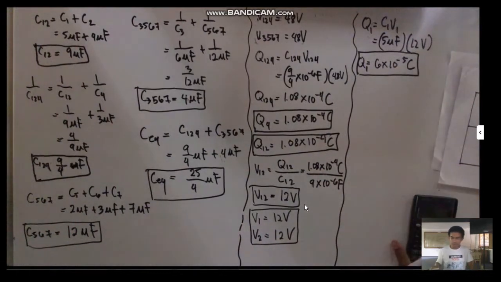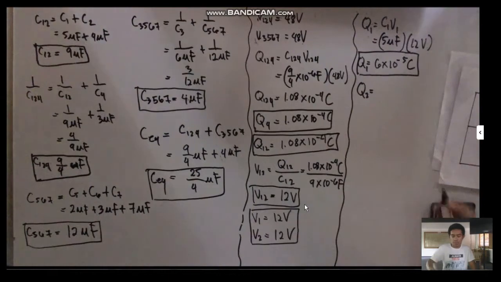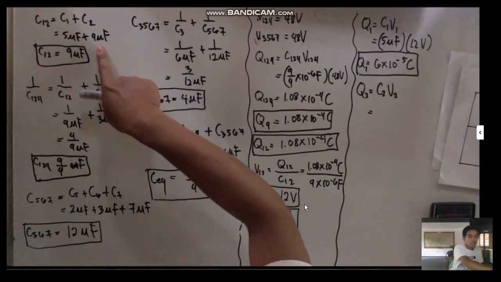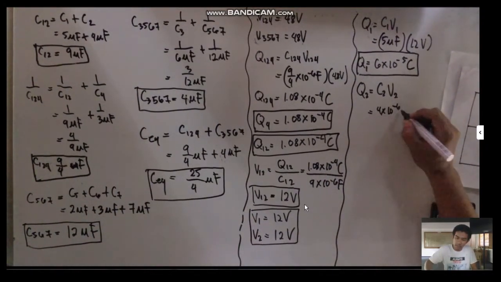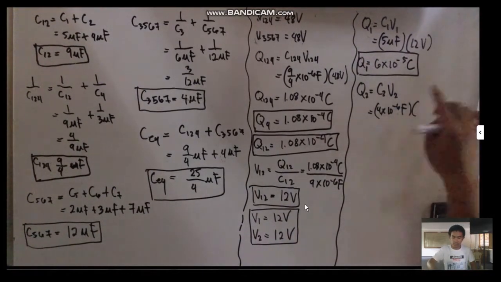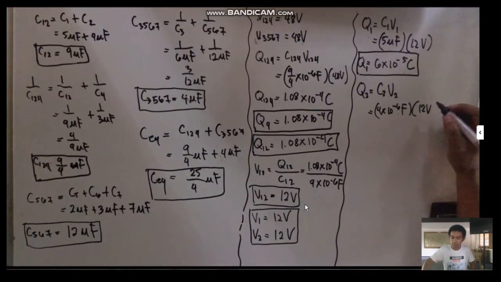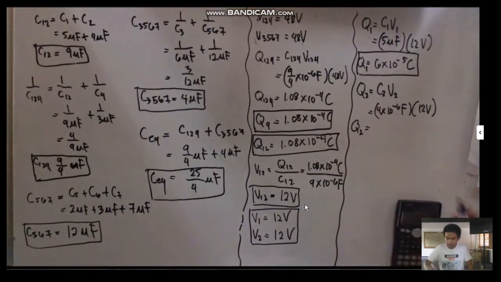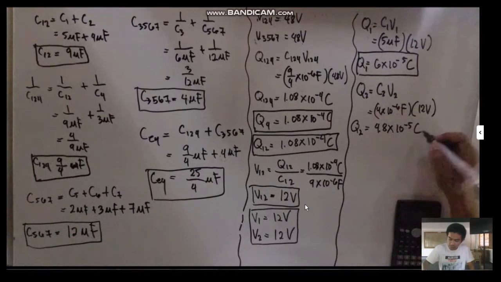Right. How about Q2? Q2 is C2 times V2. Do you have C2? Yes, that's 4 microfarad. So 4 times 10 to negative 6 farad multiplied by V2, which is 12 volts. Then Q2 is 4.8 times 10 to negative 5 coulomb.